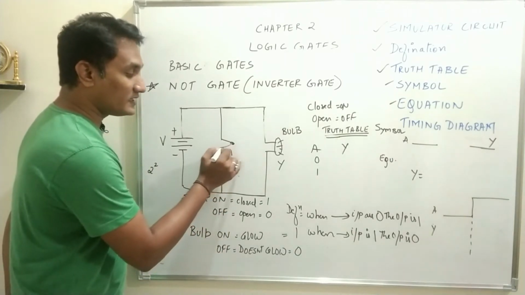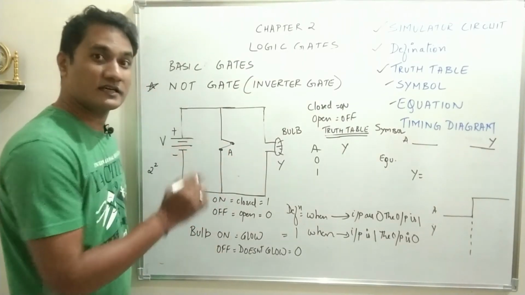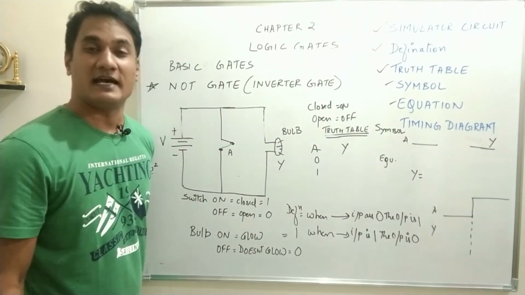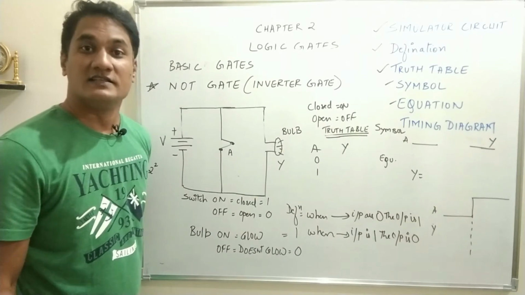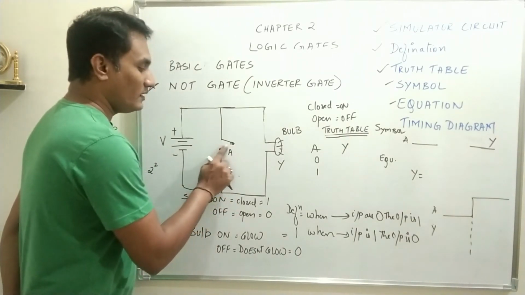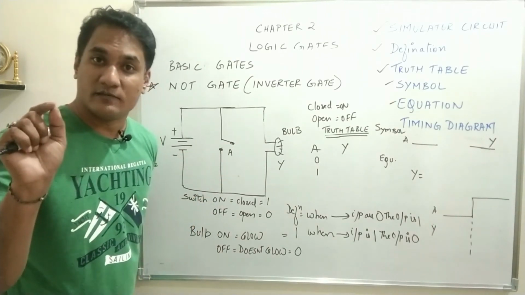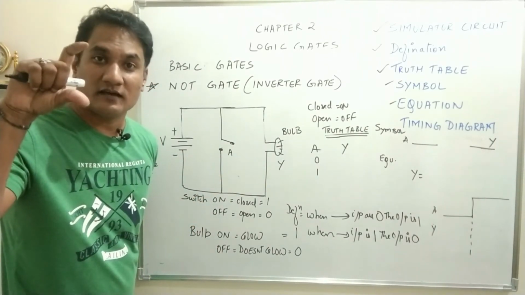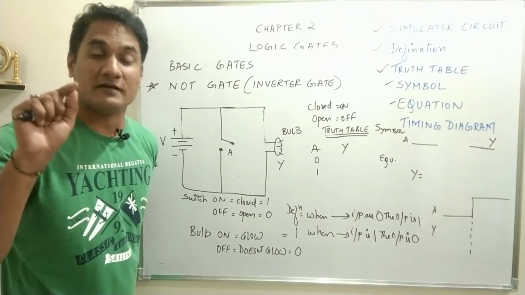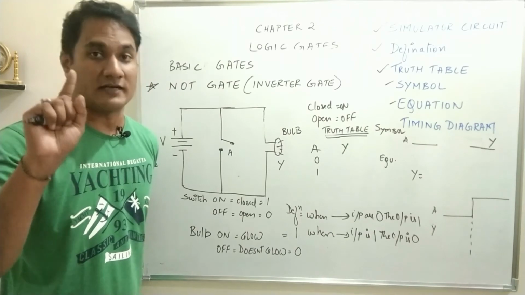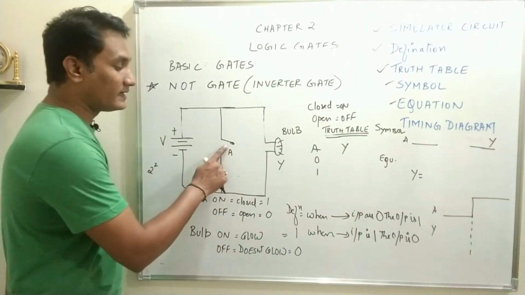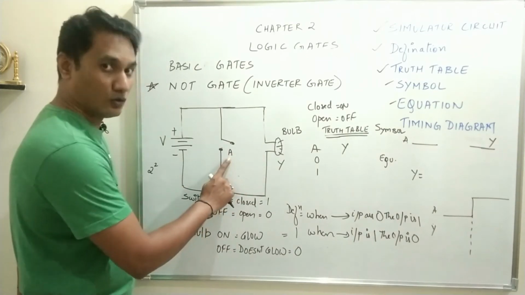And when the switch is closed, the current will flow through the switch. That means it has a low resistance or zero resistance path. So in electronic terms, any path in an electronic circuit where the resistance becomes zero is called a short circuit path. So we are trying to create a short circuit in parallel to the load resistance.